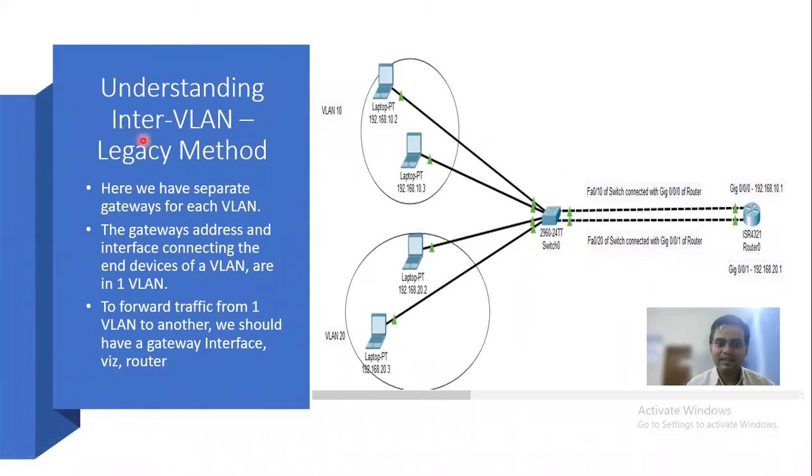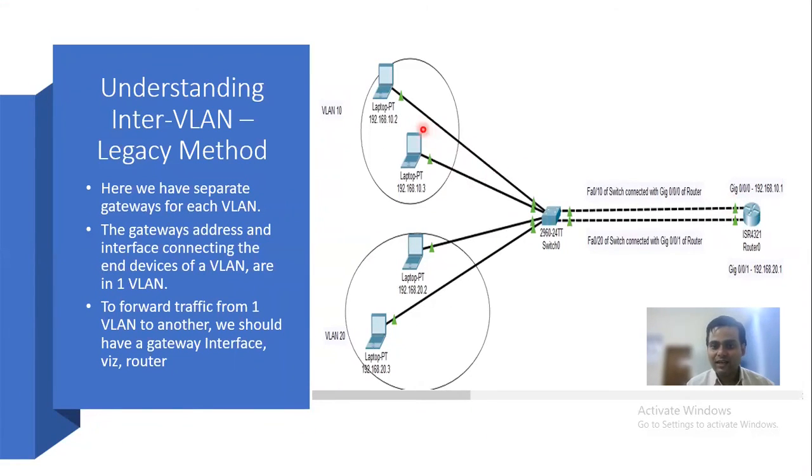Next came the concept of inter-VLAN routing using the legacy method, wherein we had different VLANs and we wanted the devices to communicate with each other. A device from this VLAN should be able to communicate with a device from that VLAN. For this, you need a gateway interface between two networks. The gateway interface was a router in this case, and the default gateway address was set over here.